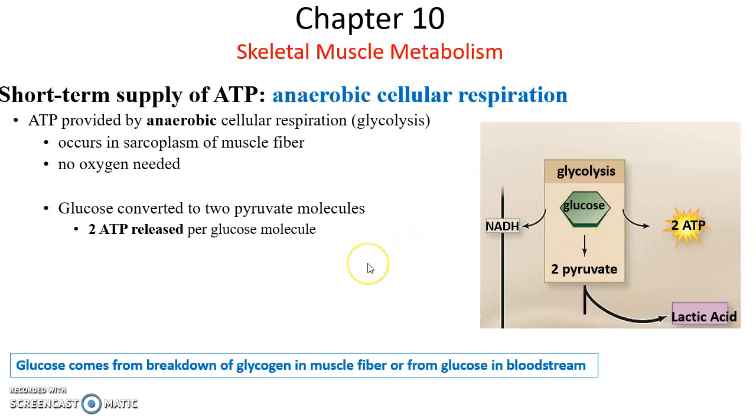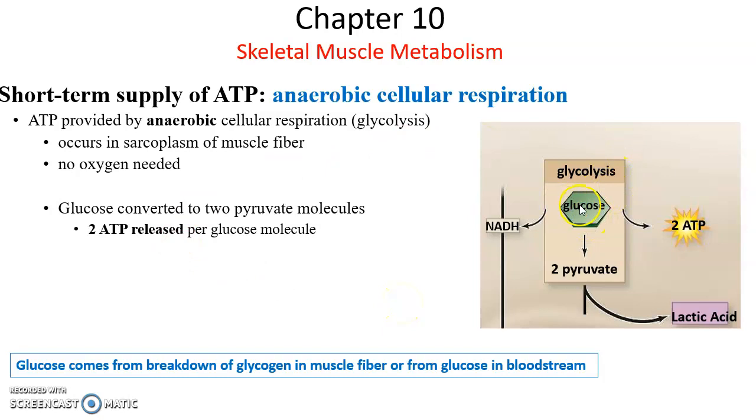Then we have our short-term supply. Short-term supply, anaerobic cellular respiration, is from using fermentation, basically. We break down the glucose into the pyruvate to generate 2 net ATP. And being as no oxygen is present, the pyruvates will then become lactic acid, which will then be sent out in the bloodstream.